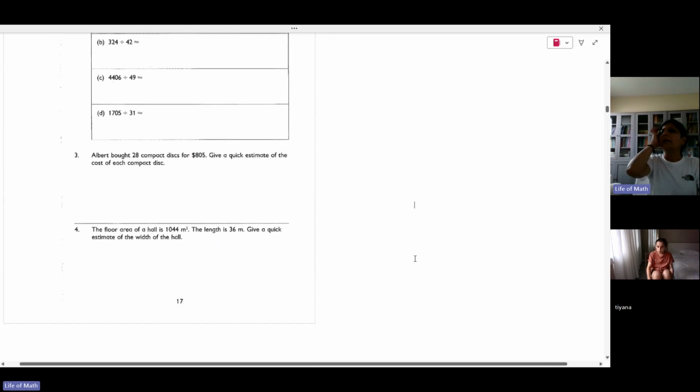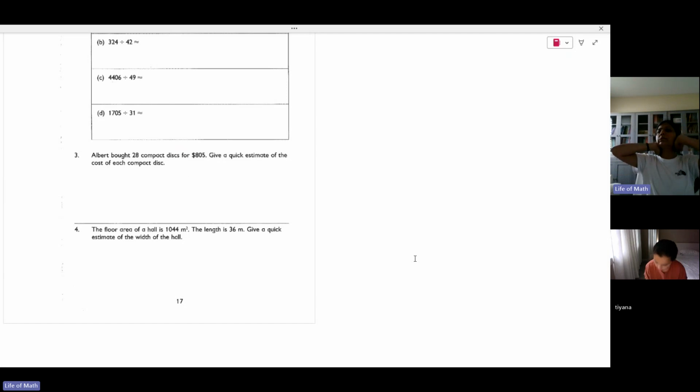Albert bought 28 compact discs for $805. Give a quick estimate of the cost of each compact disc. Quick estimate. 30 times 800 is 24,000. Are you reading it properly, Tiana? Is it the cost of one disc is 800 or whatever you are trying to do, or is it the total? Oh my god.